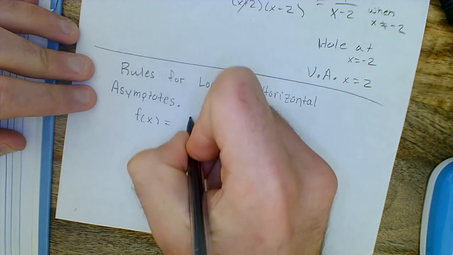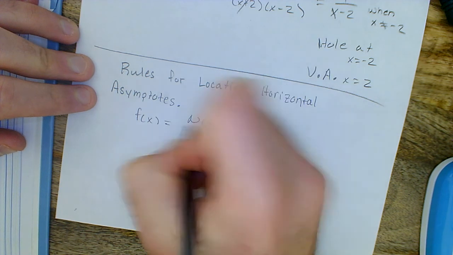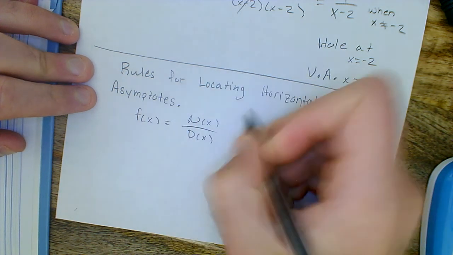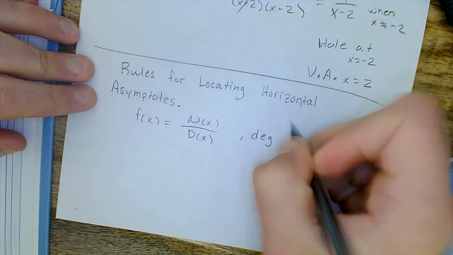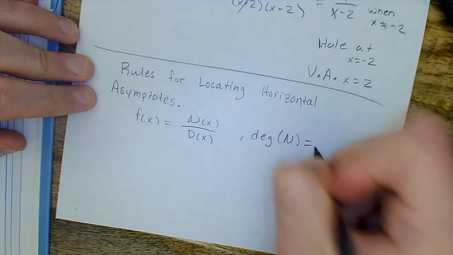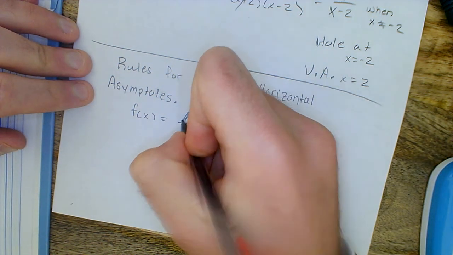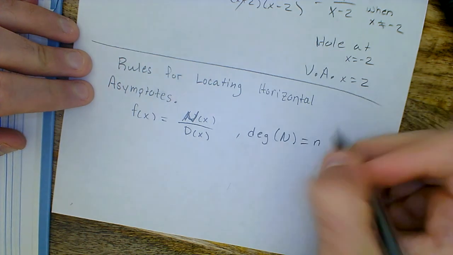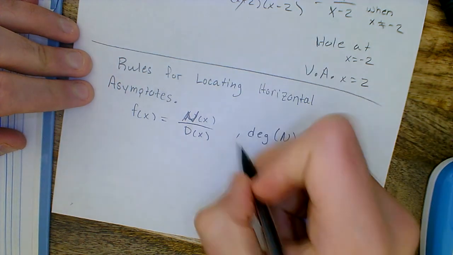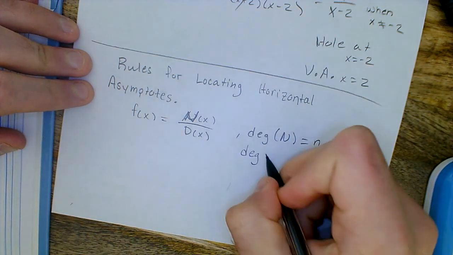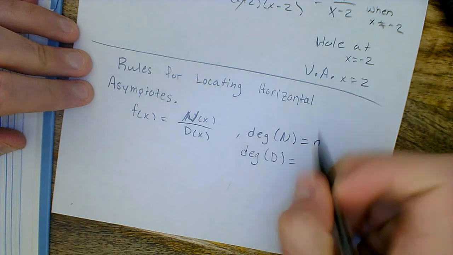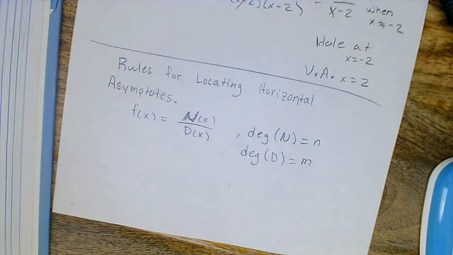Okay, so you want f of x equals n of x over d of x, where the degree of n is equal to little n, so it's a degree little n polynomial, and the degree of d is equal to little m.